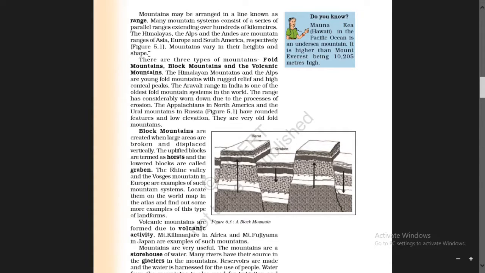Mountains may be arranged here in a line known as a range. Here, many mountain systems consist of a series of parallel ranges, a group of parallel ranges which are extending over hundreds of kilometers.